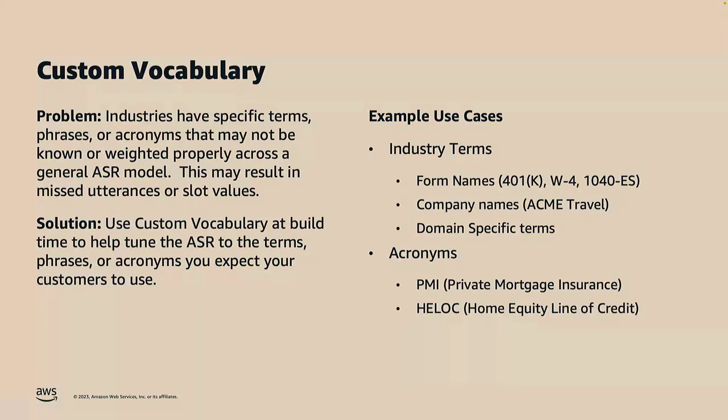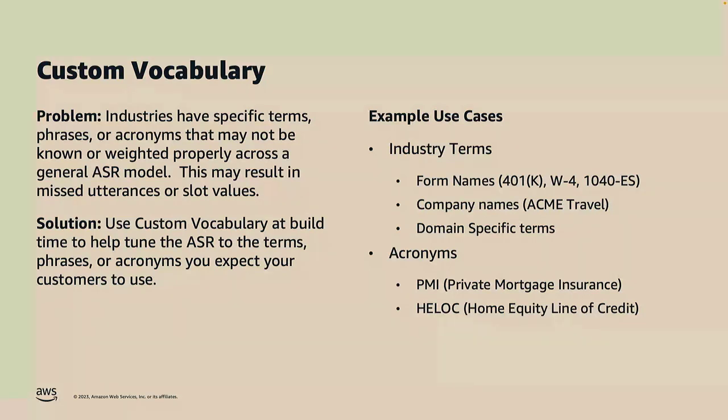And then I did say it's from 0 to 3, right? So 0 actually infers that it's not weighted any higher than any other word in the generic model. But what 0 can still be used for is things like acronyms.